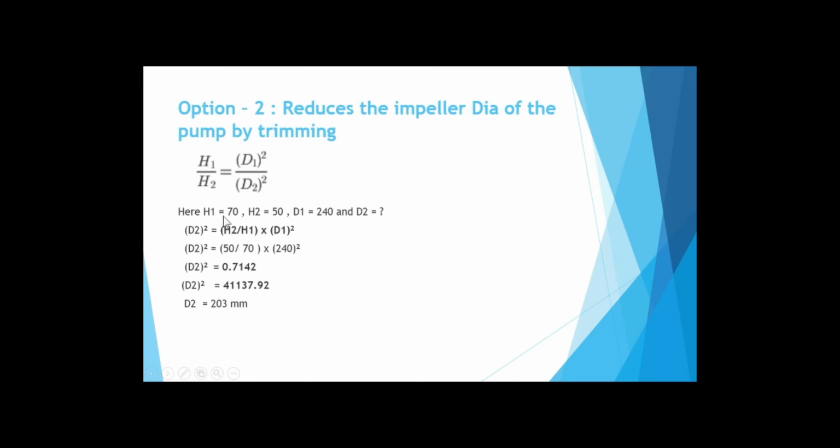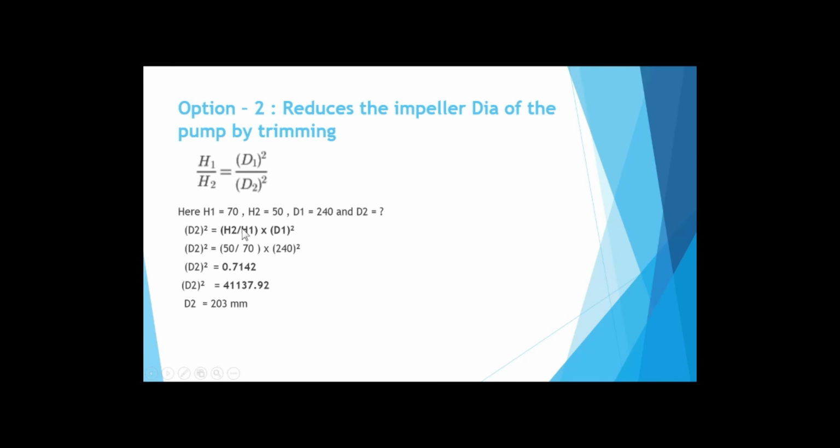Here the same thing: H1 is 70 meters, which was already given in the calculations, H2 is 50, D1 is 240 mm, and D2 we will calculate, which is the impeller diameter. Using this derivation, we will find D2 squared: D2 squared equal to H2 by H1 times D1 squared.